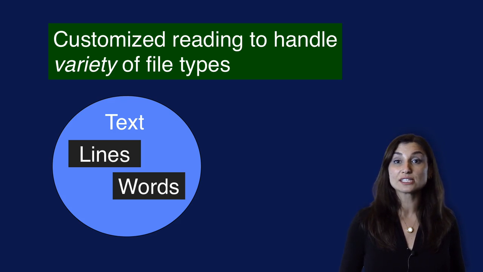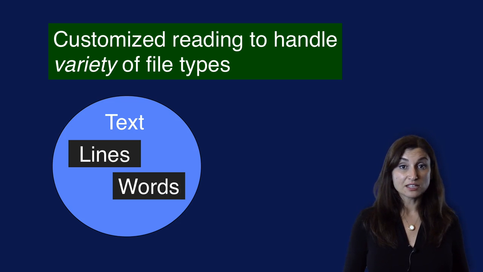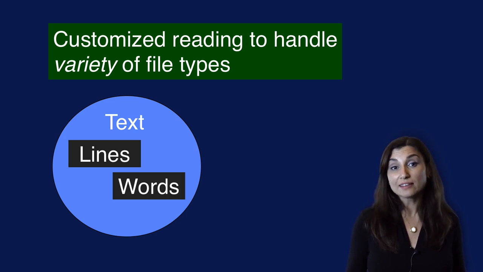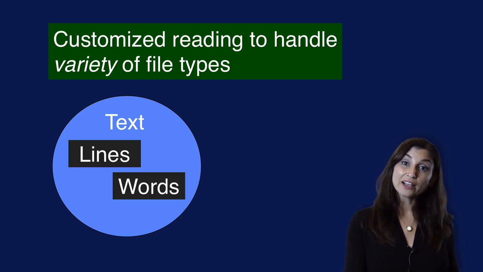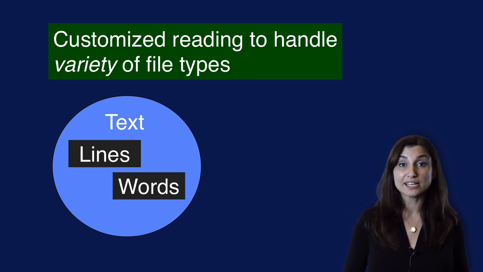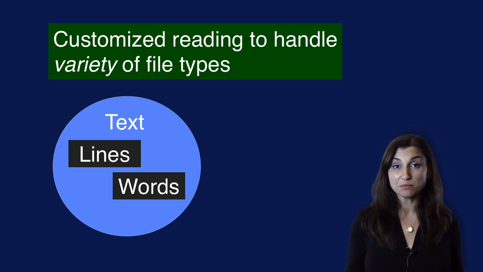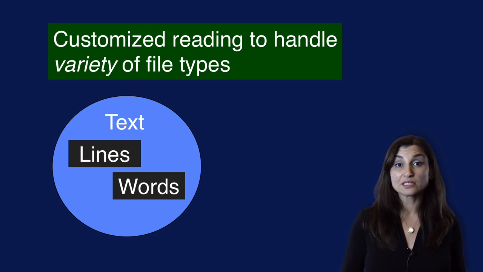HDFS is also designed to handle a variety of data types, aligned with big data variety. To read a file in HDFS, you must specify the input file format. Similarly, to write a file, you must provide the output file format. HDFS provides a set of formats for common data types, but this is extensible, and you can provide custom formats for your data types.